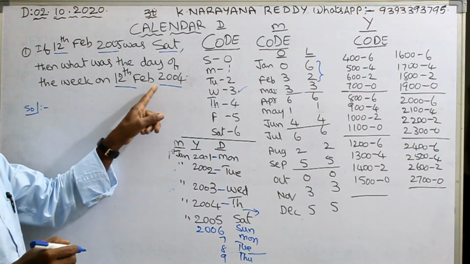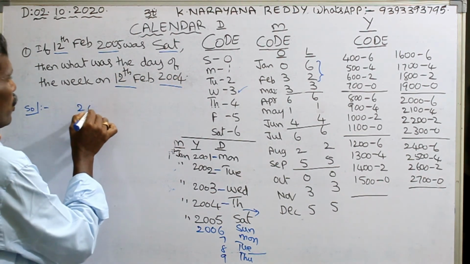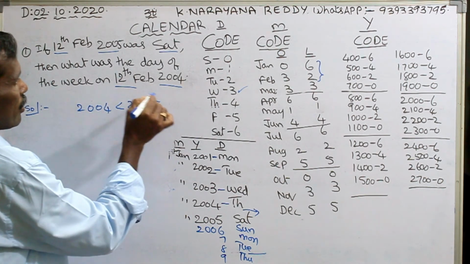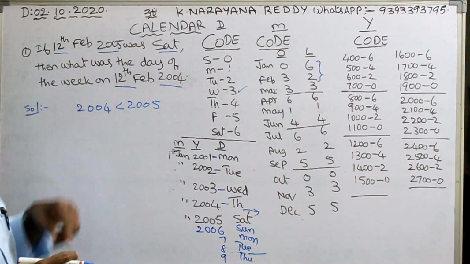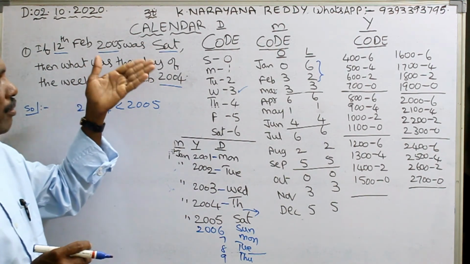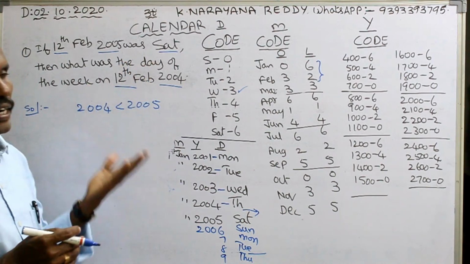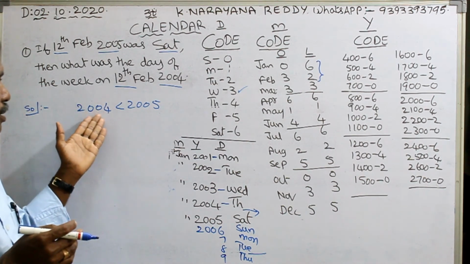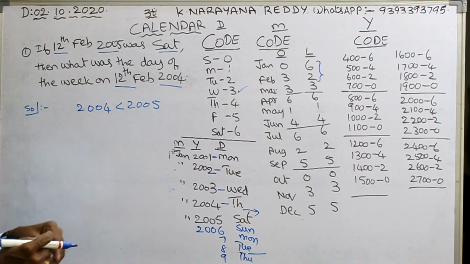But what was the day on this date? Actually, 2004 is less than 2005. That means the day is less than this Saturday. That means Friday or Thursday, whatever it is. Why? Because this is a lesser year compared to 2005.